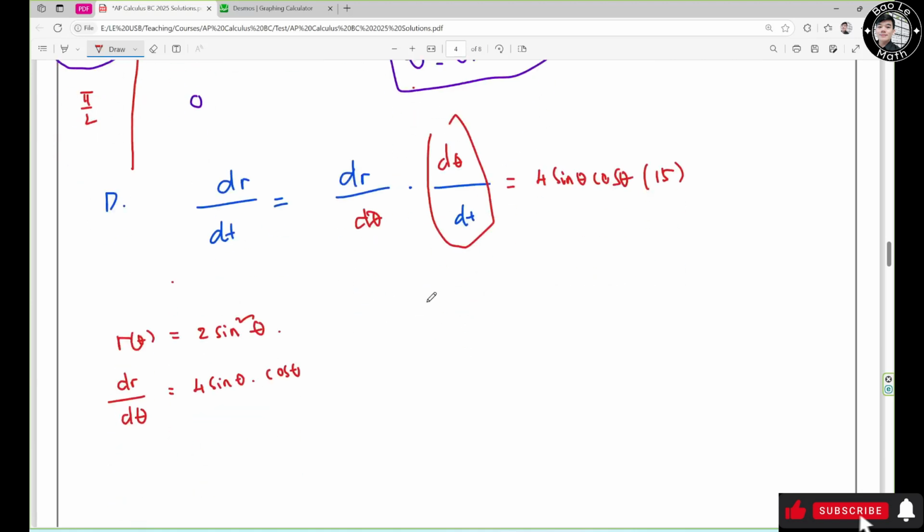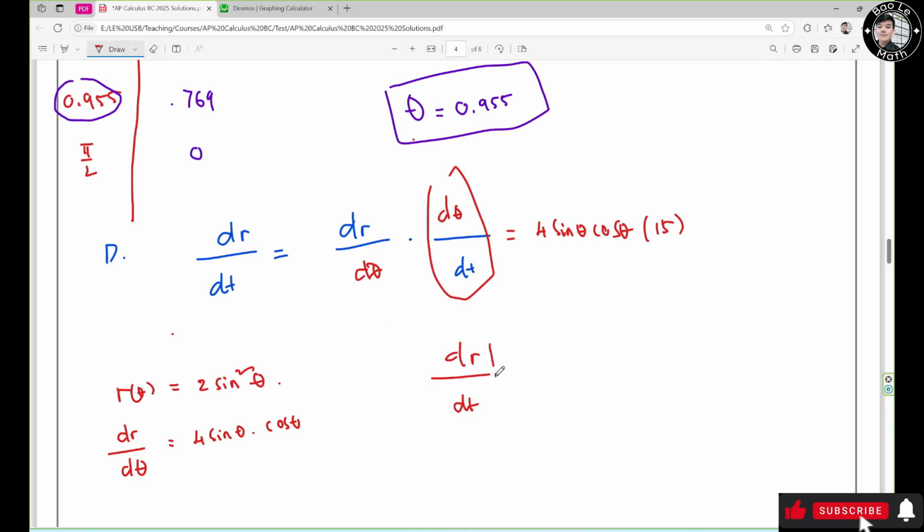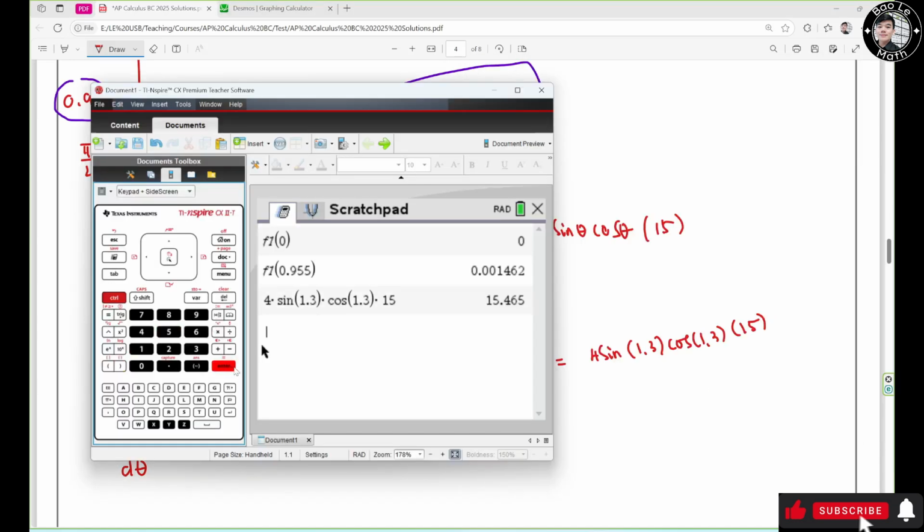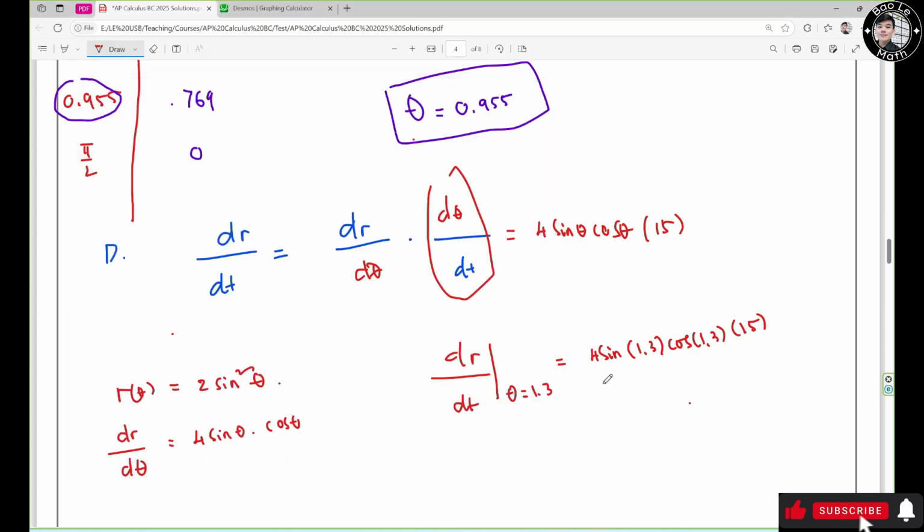Now dr over dt evaluated at theta equals 1.3 equals 4 sine of 1.3 times cosine of 1.3 times 15. So I bring up the calculator and hit enter. The answer is 15.465.